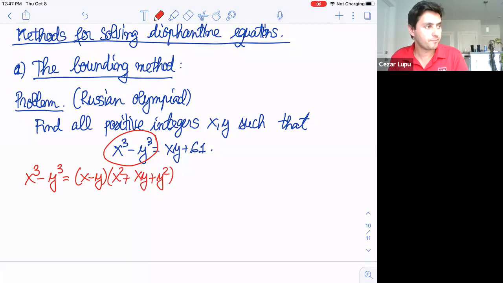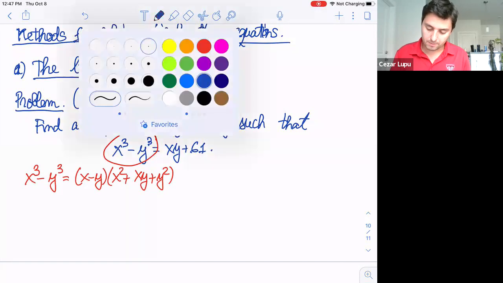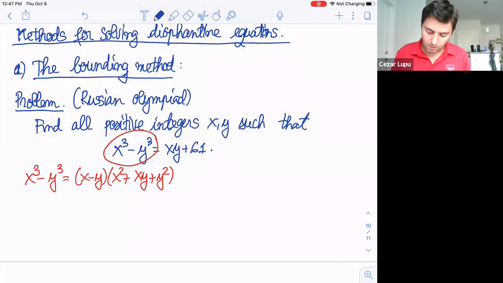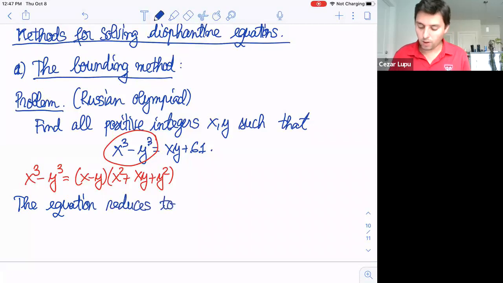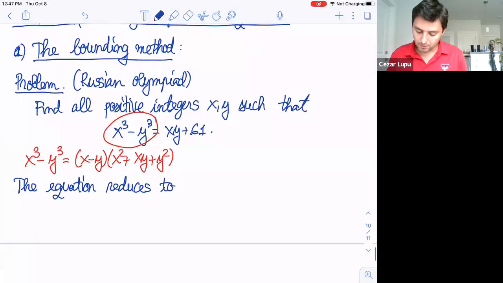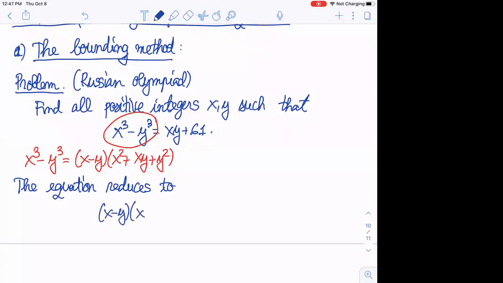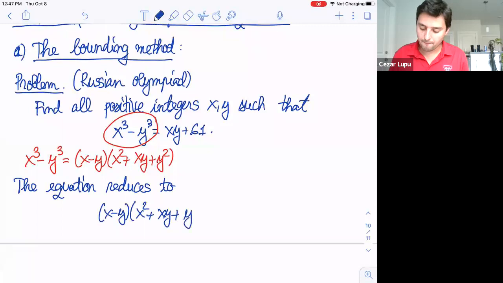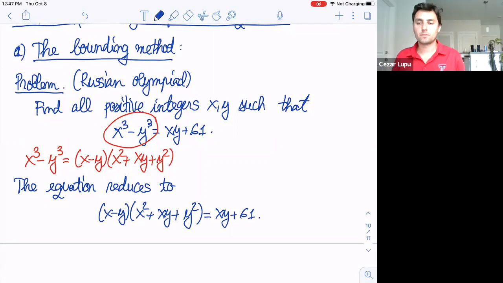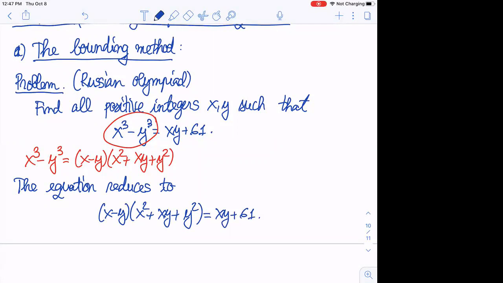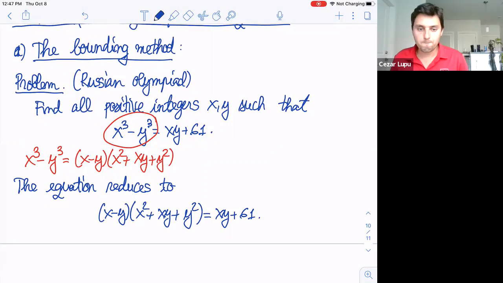So we have that, and the equation reduces to x minus y times x squared plus xy plus y squared equals xy plus 61. So now maybe we should do something about it.